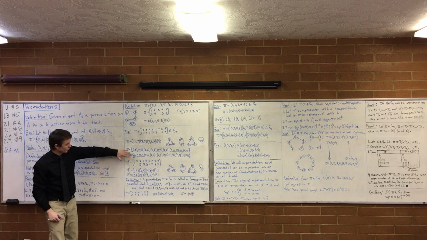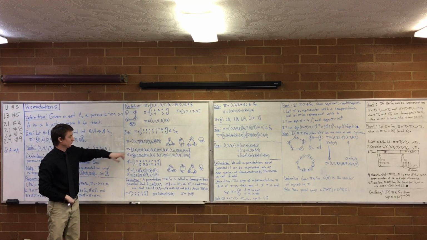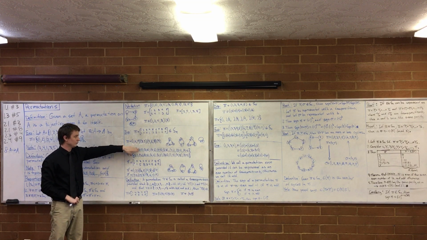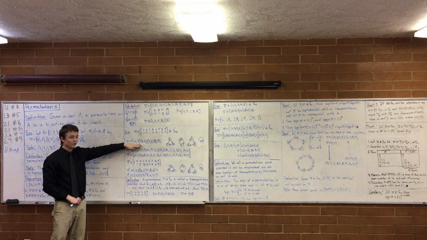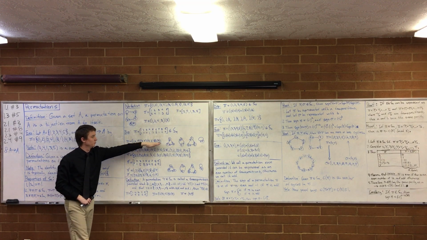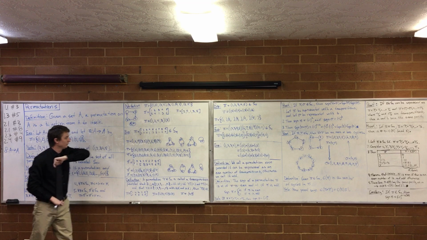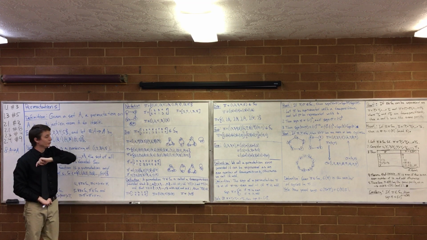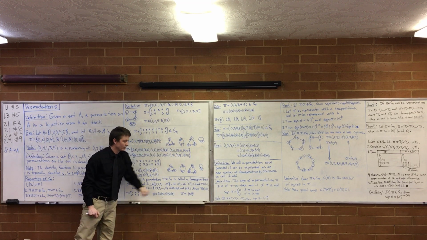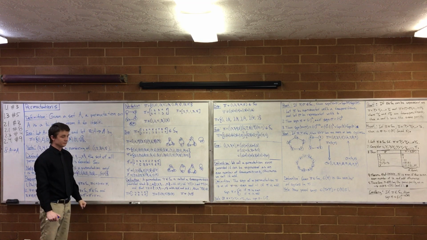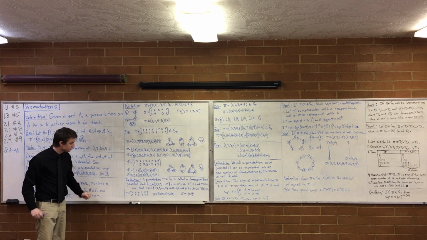So rather than going through all the work of rethinking this, the inverse is, just for each of those cycles, flip them. Flip, flip, and you've got the inverse, which is the same thing as switching the direction on those arrows. Good? Okay.